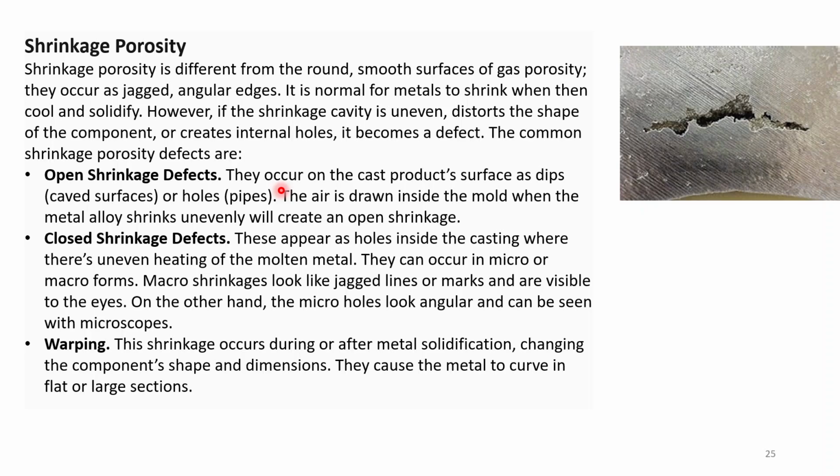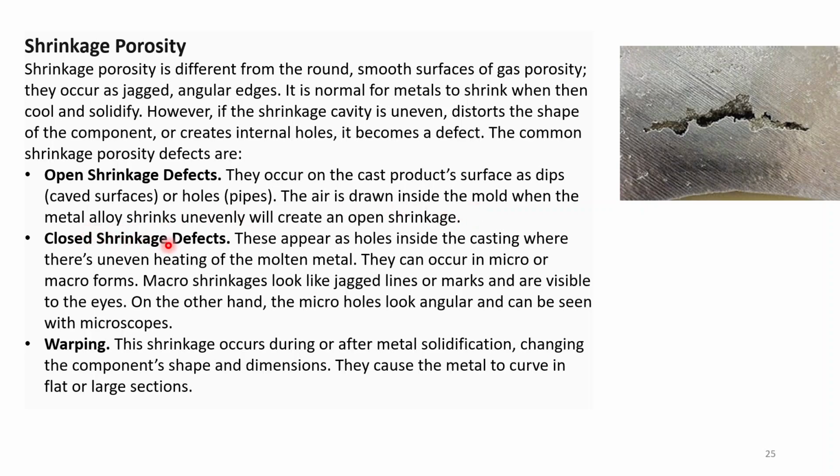Open shrinkage defects occur on the cast product surface as dips, caved surfaces or holes, and the air is drawn inside the mold when the metal alloy shrinks unevenly and will create an open shrinkage.